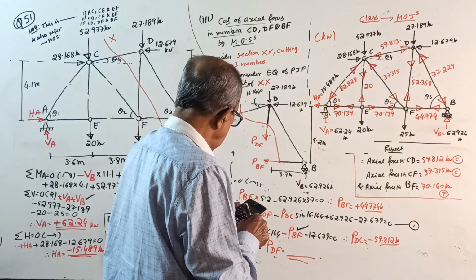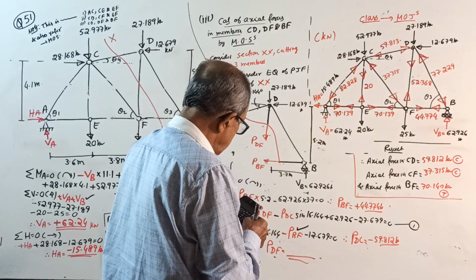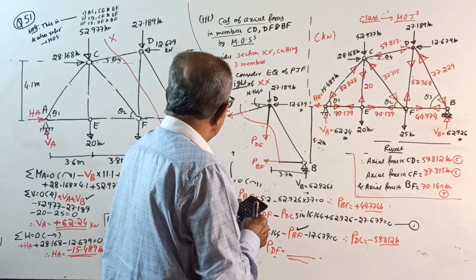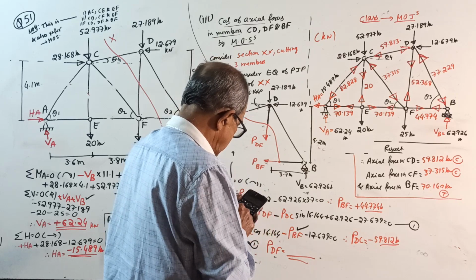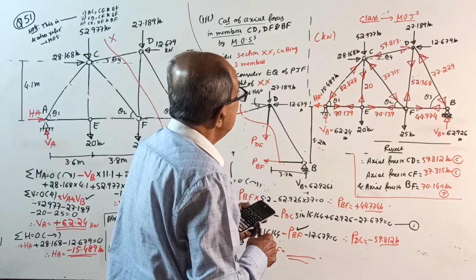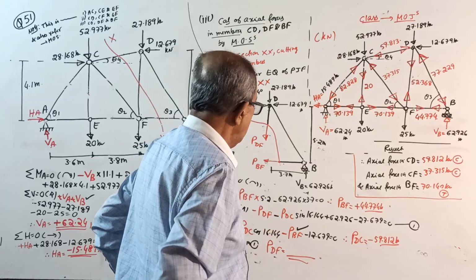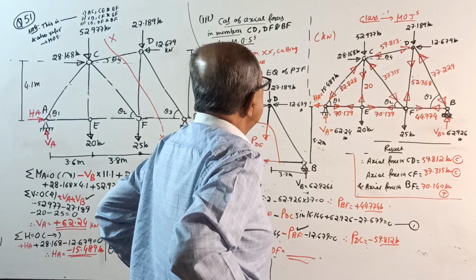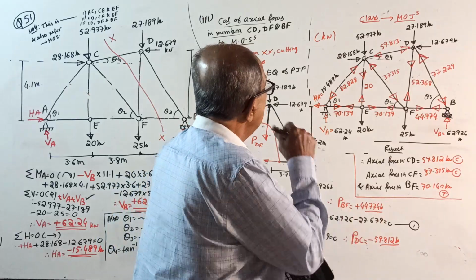Divided by nothing, no divide, divide by 1. It is 51.878. What is wrong? Something small mistake. Just a minute.